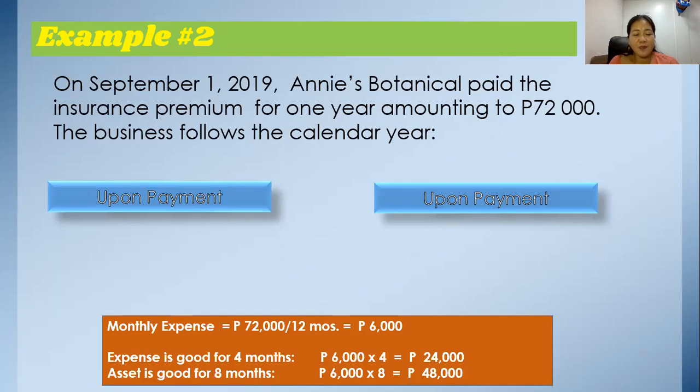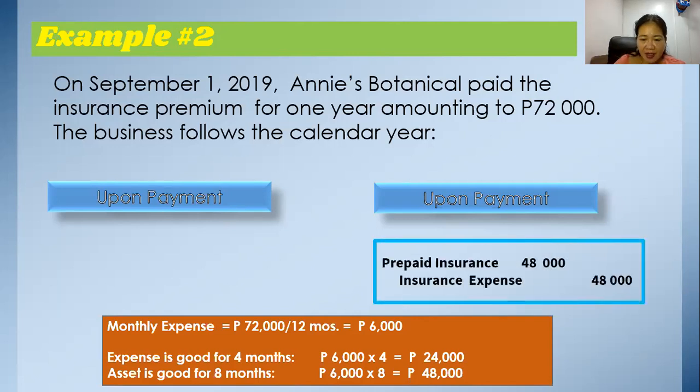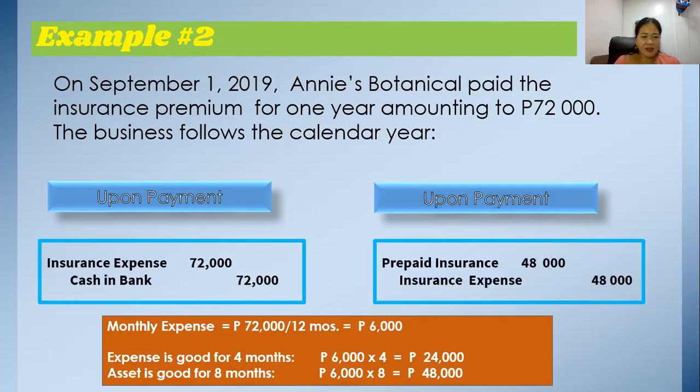So to compute your total insurance expense, that would be 6,000 times 4 months, which is 24,000. Then the prepaid insurance, or the asset portion, is good for 8 months, and that will be 6,000 times 8, which is equal to 48,000. So to prepare the adjusting entry, upon payment, your record is debit insurance expense 72,000 and credit cash in bank 72,000.